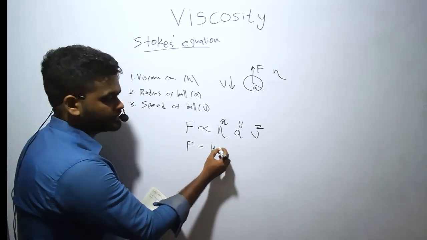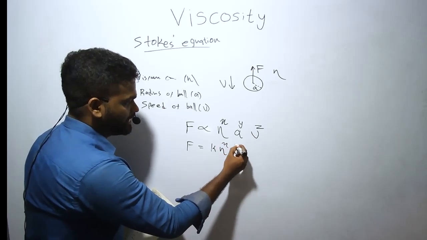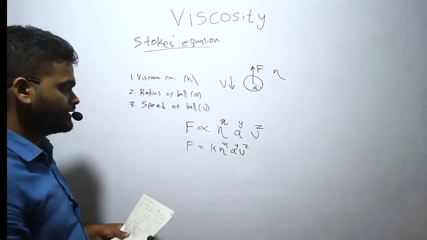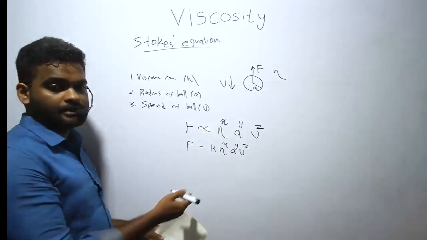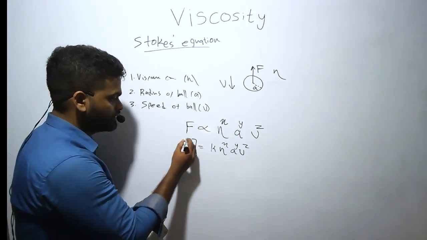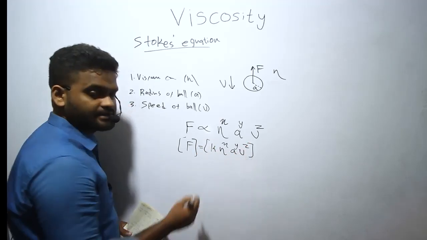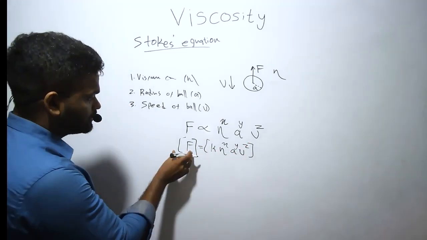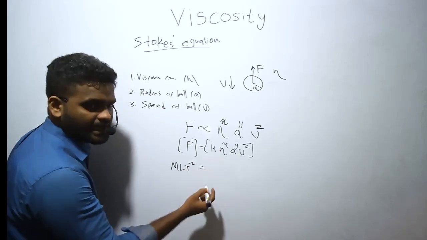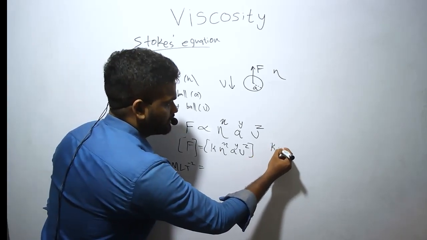Put a constant k, eta x, a y, velocity to the power z. Then just write the dimensions. The dimensions of both sides are the same. For the force it is M L T to the minus 2. K is a dimensionless constant, okay?